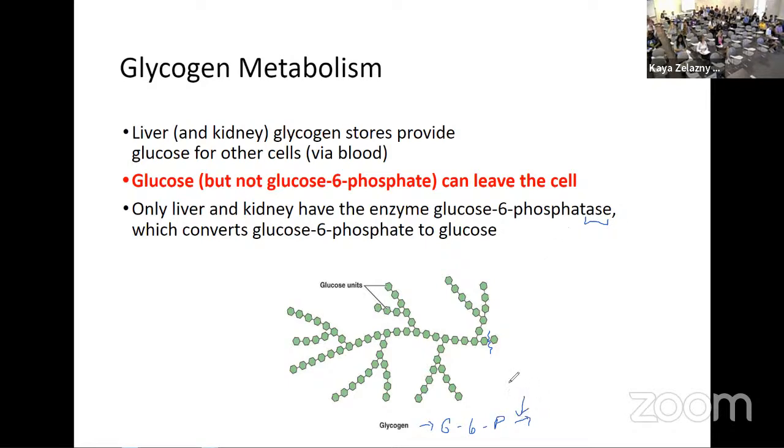The -ase. Those of you who have prettier handwriting, I apologize. But your notes are beautiful. Okay. So that's our glucose 6-phosphatase, an enzyme. And that's how we end up with actual glucose.